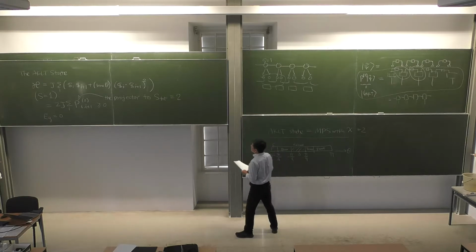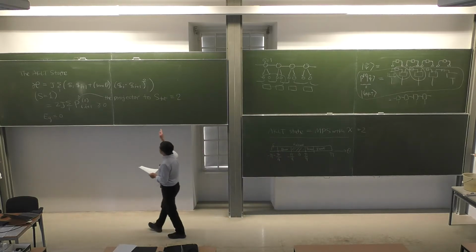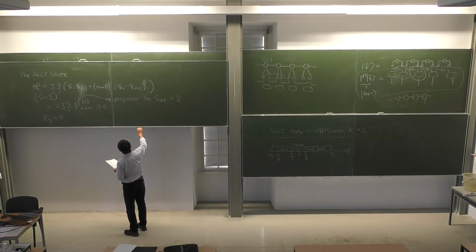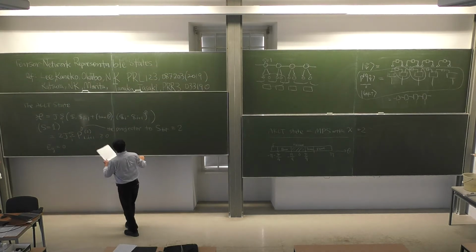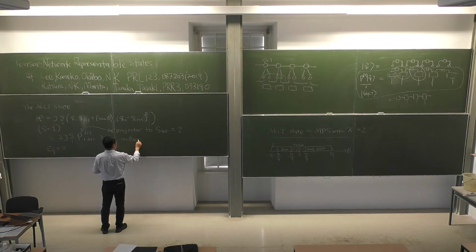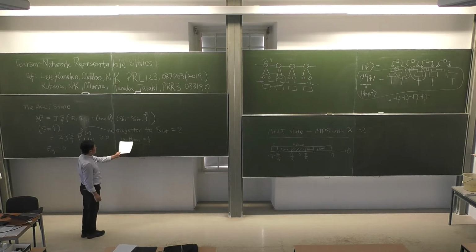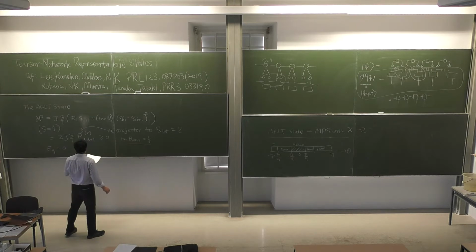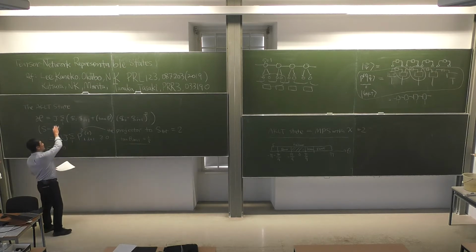And actually, I forgot to mention the particular value of theta which represents the AKLT state. Tangent theta AKLT is 1/3. If theta takes this particular value, then we can simplify the whole Hamiltonian in this way.